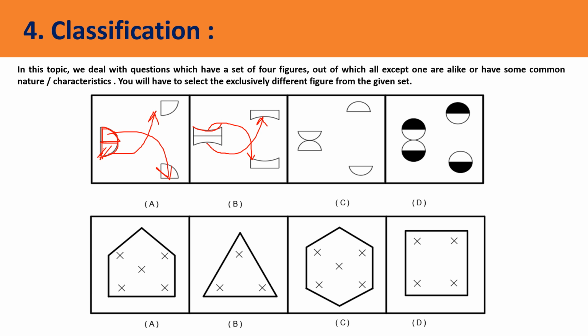In type C, it is also the same. It is going over here and this is going here. So this is the typical pattern. In type D, you have the filled half circle over here, and here also you have the filled half circle over here. So it is going like this and like that. So A, B, C are similar, but D is different. So D is the answer.